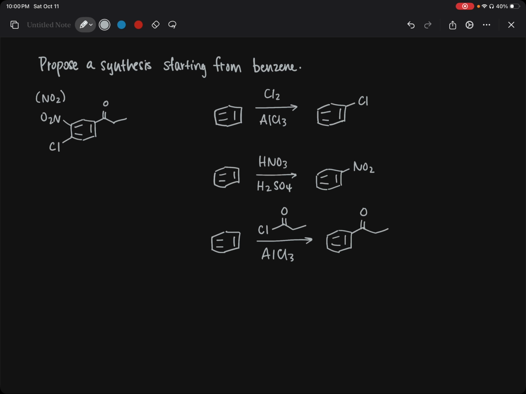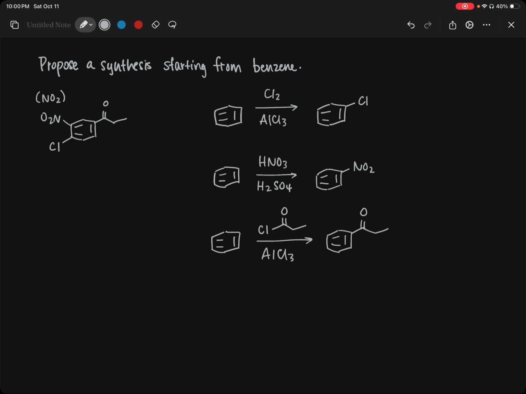Okay, so at this point, we know how to generate a benzene ring with each of the groups that we want. But the problem is we don't want to do these three separately. We want to do them all together and make one molecule that's got all three groups on it. So if you want to just take a guess of which group you want to put on first, that's a reasonable way to do it.